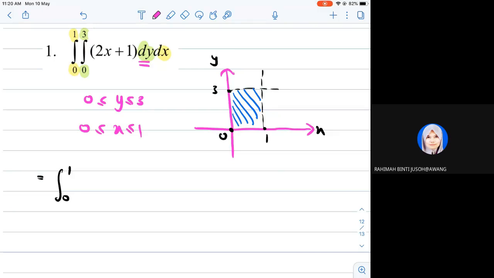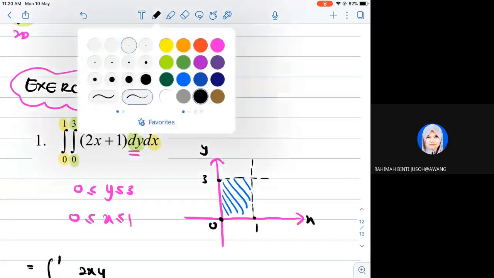nombor sahaja. Anggap x tu macam nombor 10. Kita just integrate a number. So bila integrate terhadap y, you akan dapat 2xy. Okay, you have to understand this carefully. Sebab biasanya, konsep dia macam ni guys.